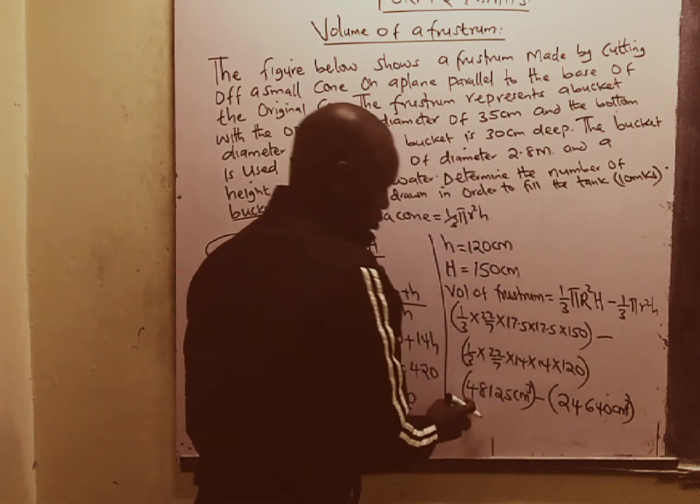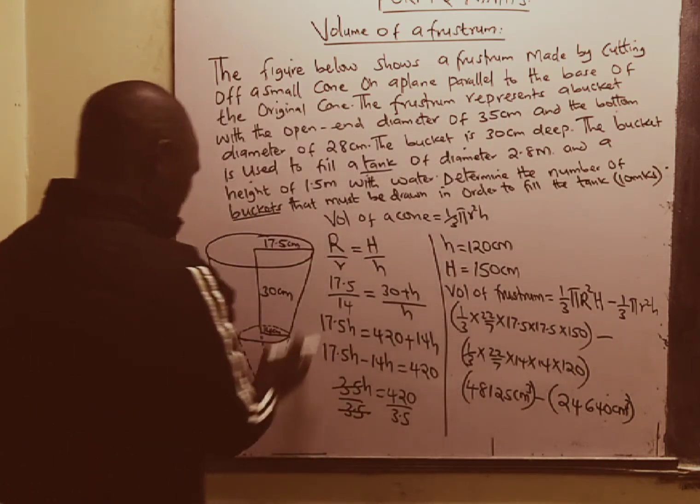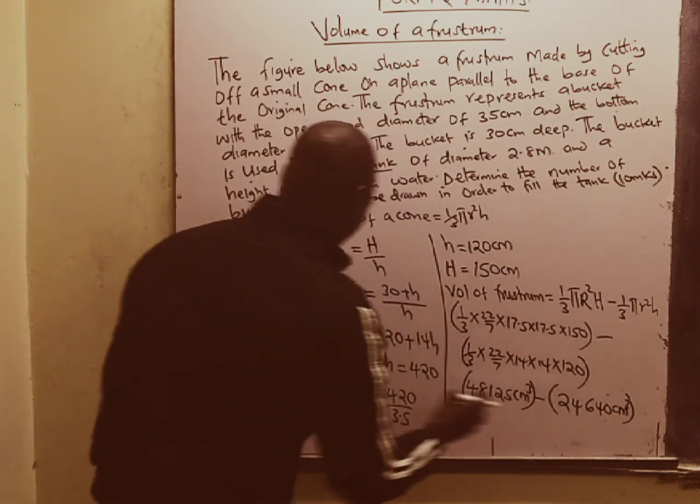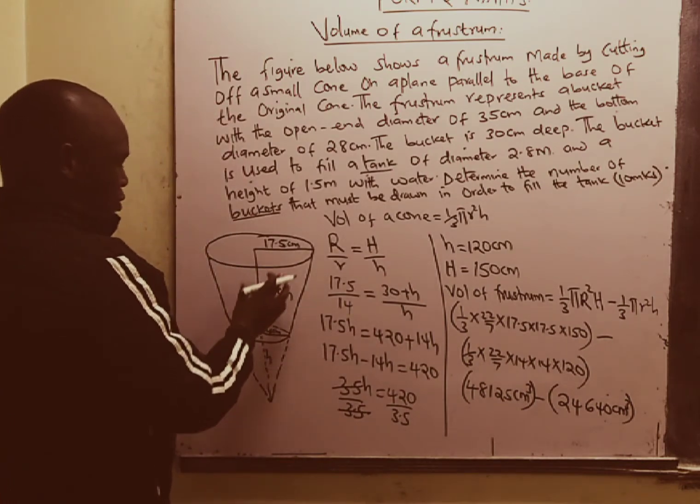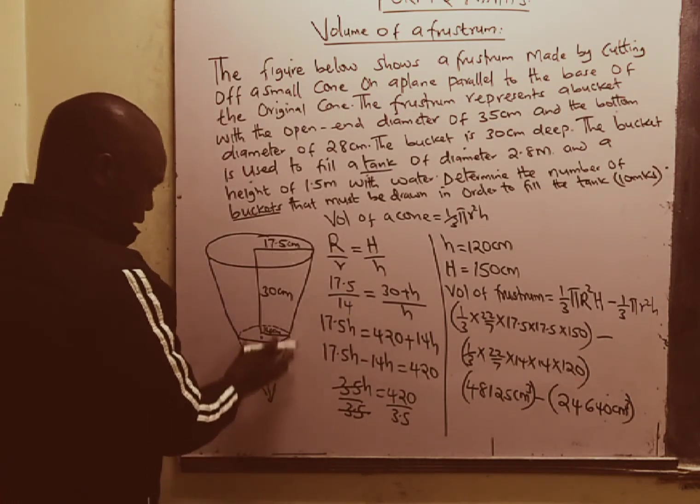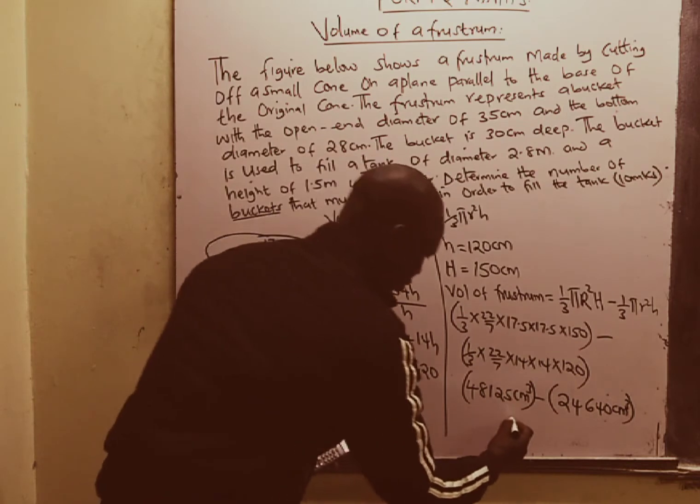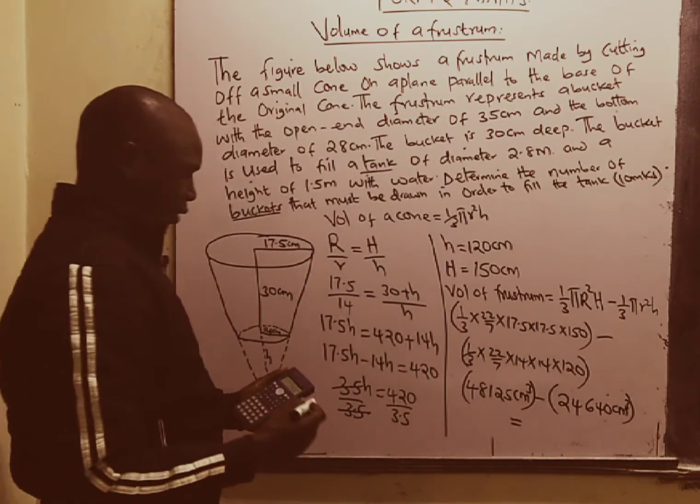This is the volume of the bigger cone, and this is the volume of the smaller cone, and if you take the volume of the bigger cone minus the small cone, it is going to give us the volume of the frustrum.